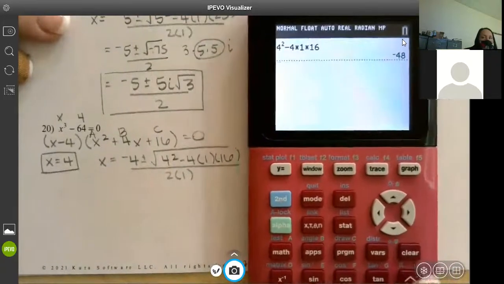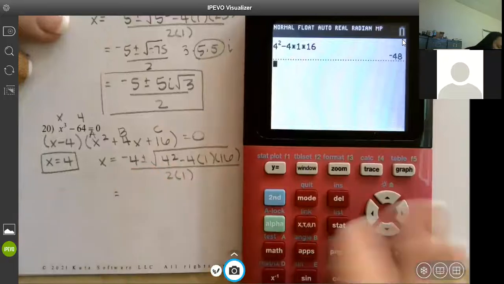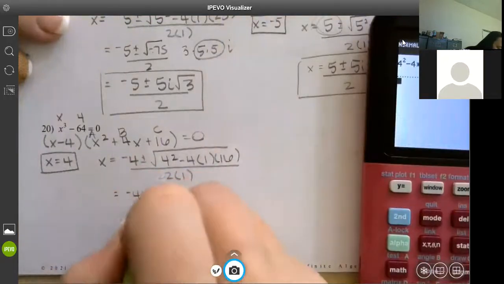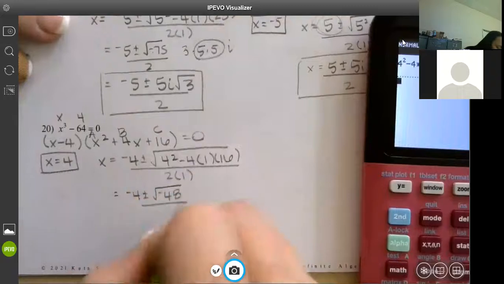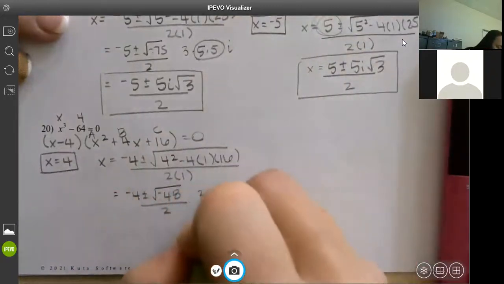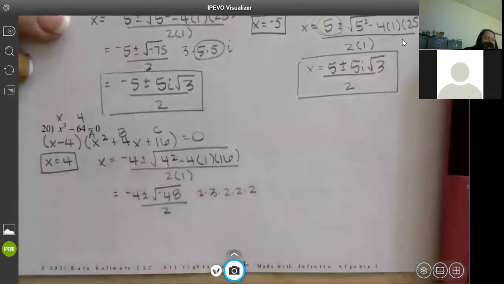Do what's underneath the radical, and you get negative 48. So negative 4 plus or minus the square root of negative 48 over 2. Negative 48 is 6 times 8. So 2 and 3, and 8 is 2, 2, and 2.